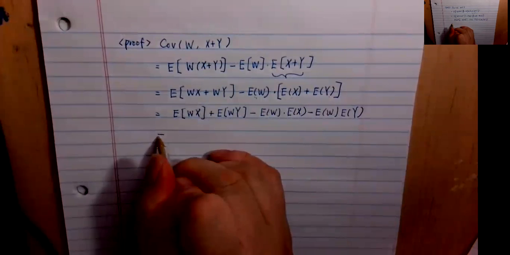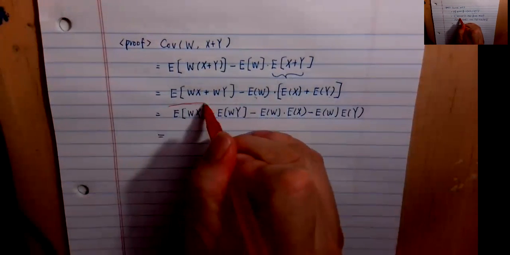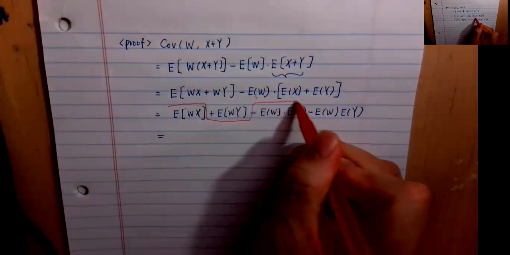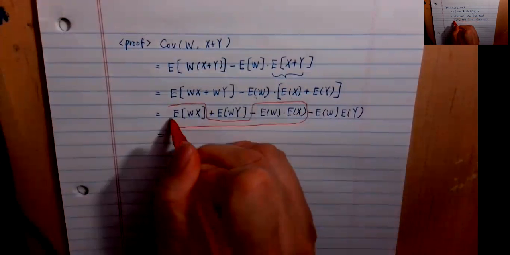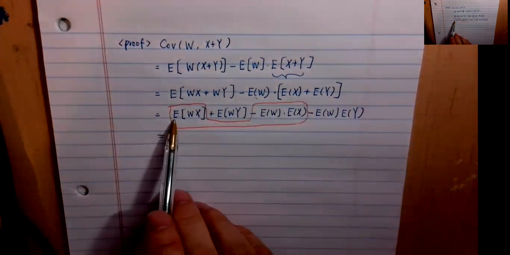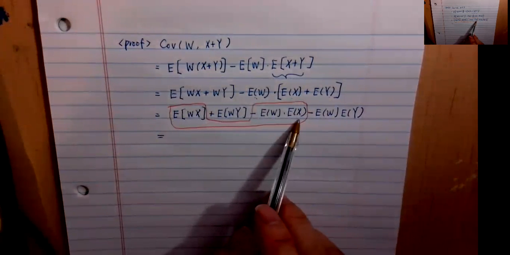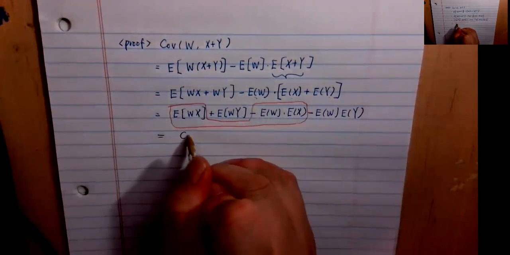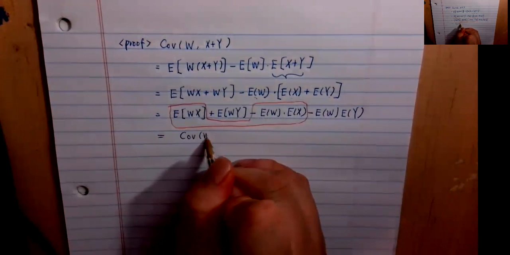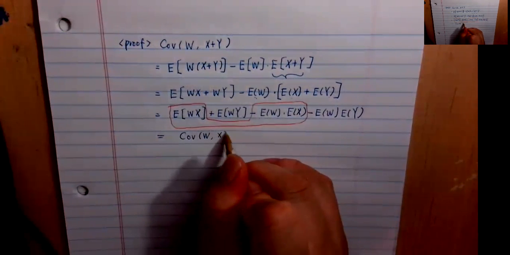So let me regroup the terms. I put these two together. As you can see, the expected value of WX minus EW times EX is just covariance WX.